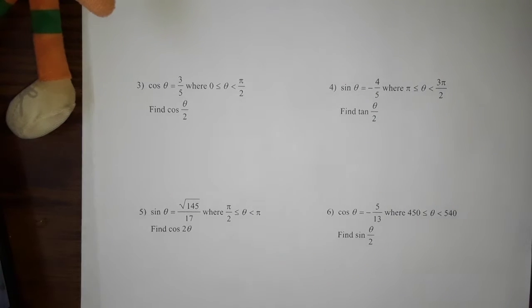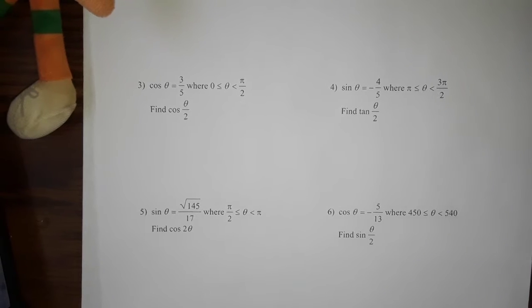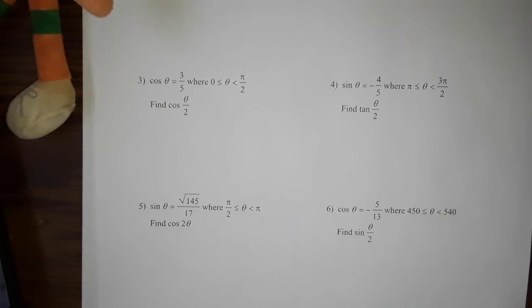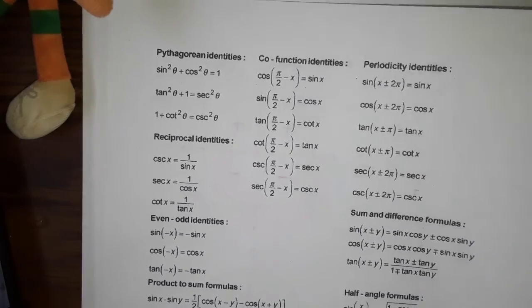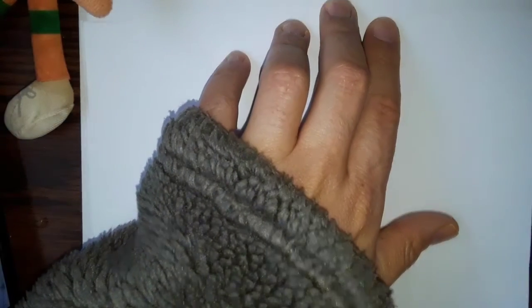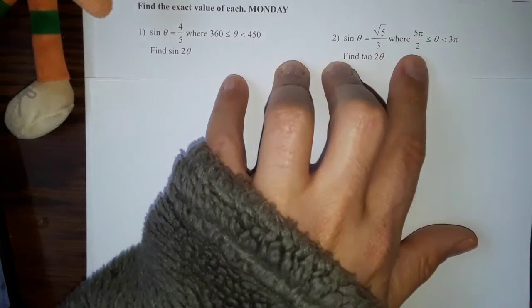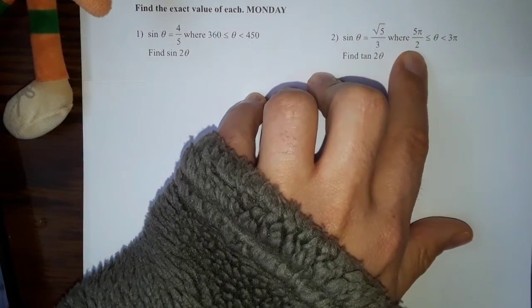So let me do that for you. For the second one, if you want to find how much this is exactly, we have 5 pi/2.